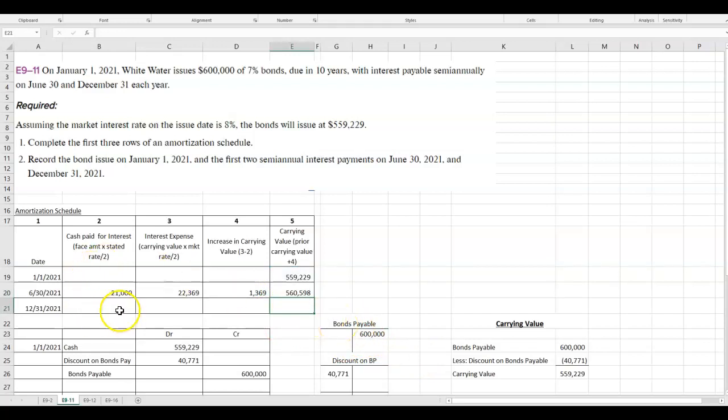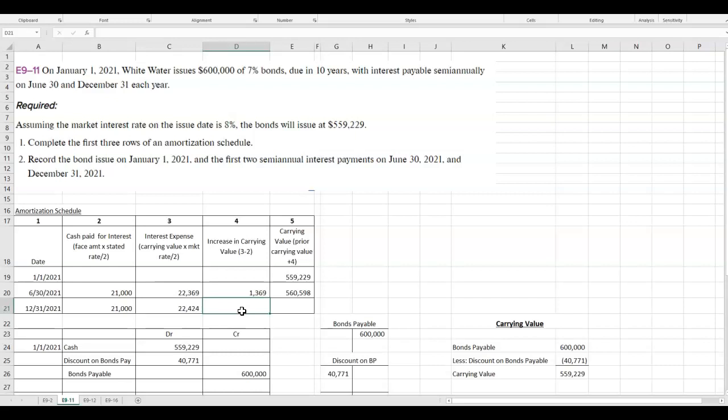Now we're going to do all that over again. The cash paid for interest, $21,000, always, because we said we'd pay it. The interest expense, the carrying value times 4%, half the market rate, because it's 6 months.